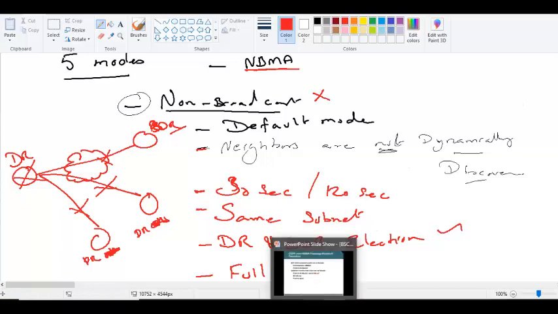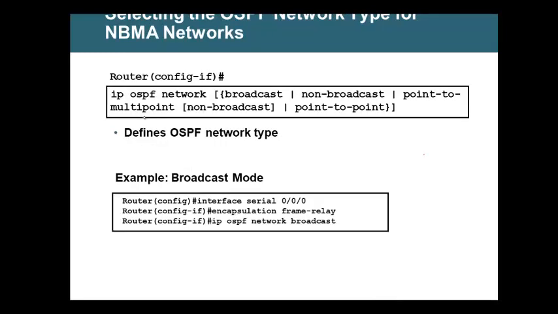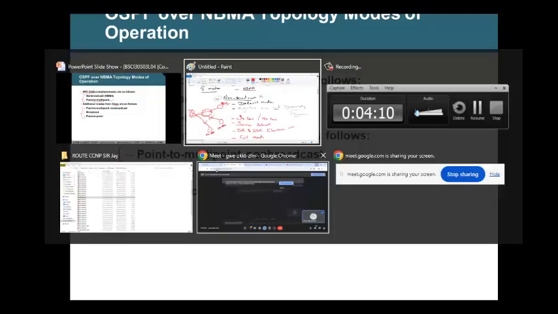Point to multi-point. For this mode, neighbors are dynamically discovered.